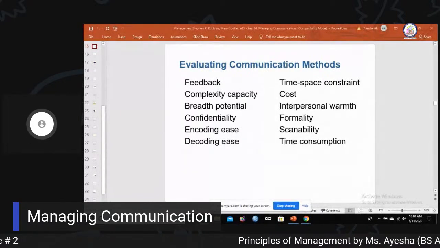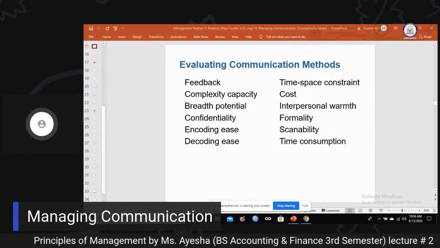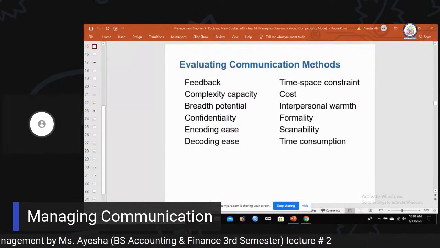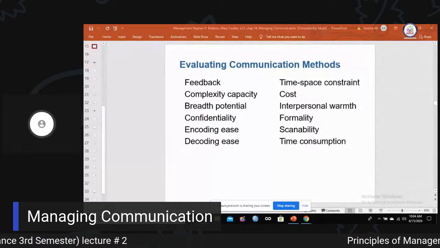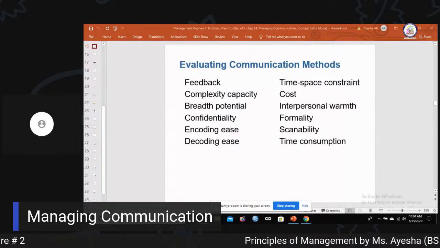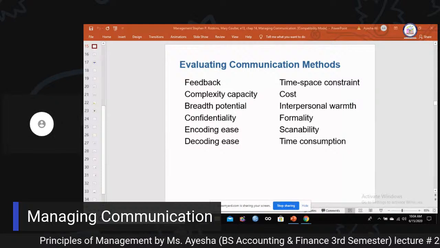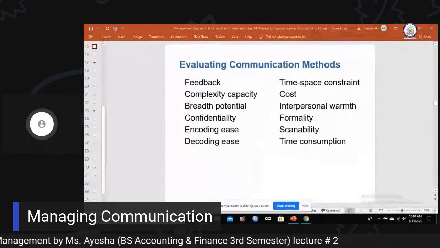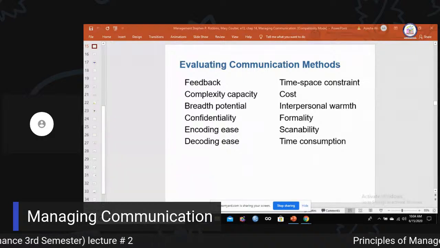He wants an immediate response, so he makes a call to approach the other person. So in some situations, direct response and direct approach is very important. And in organizations, we face this type of scenario in many day-to-day situations.